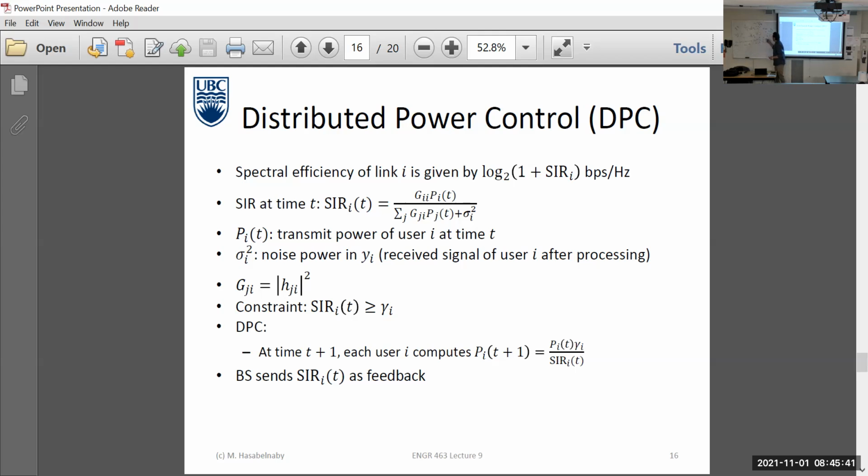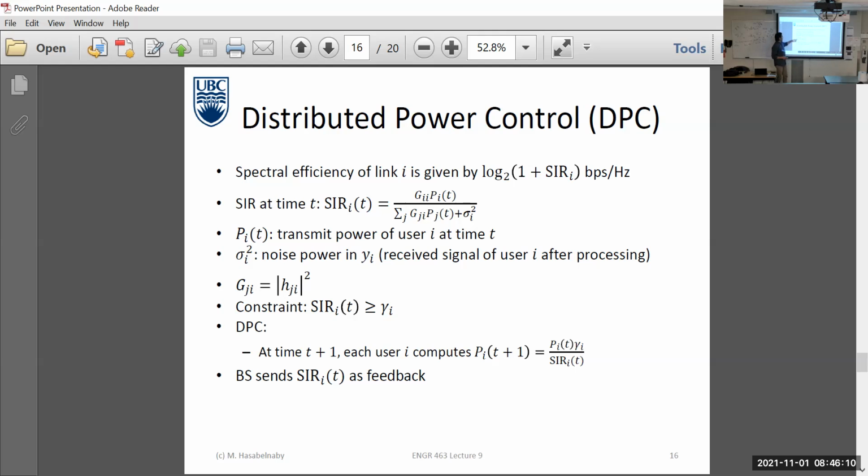Here in this example, we have two users, sorry. What if we have 4? In this case, 3 users cause interference to user 1. What if we have 10? We have 9 users causing interference to the signal of user 1. So it is the summation of all interference terms plus the noise.